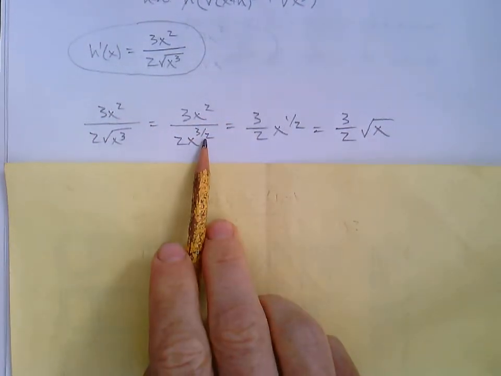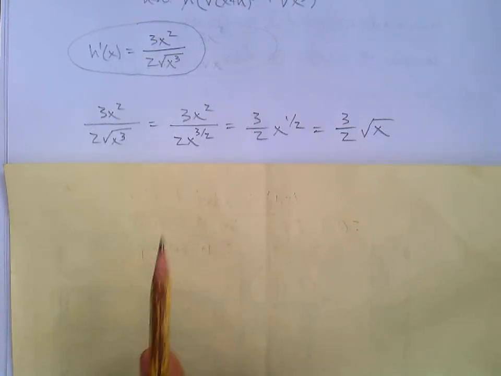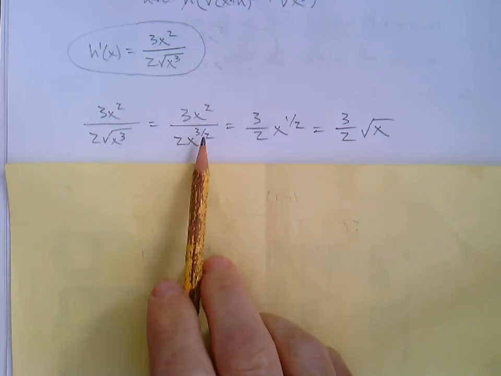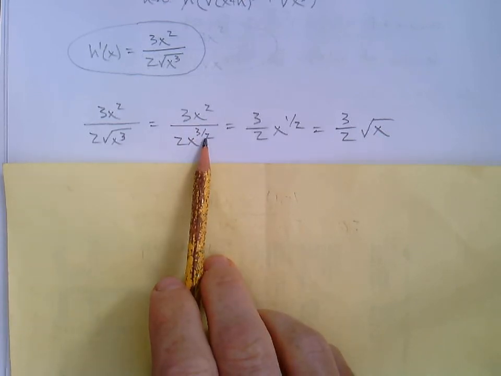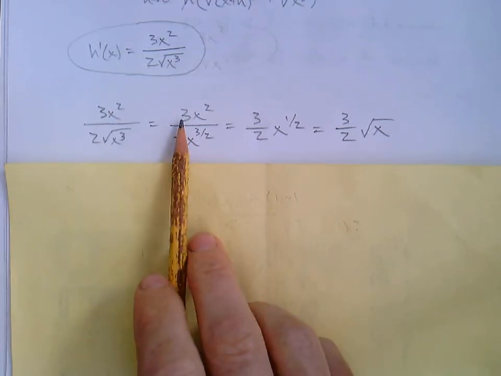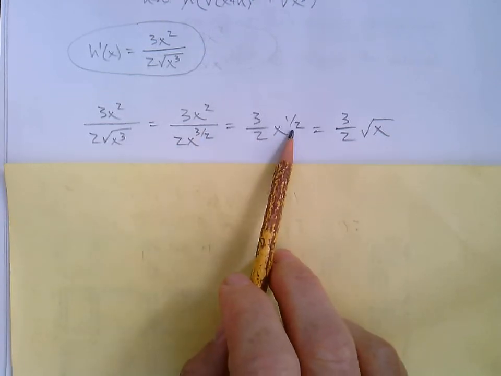If we thought of it just as a fractional power, a rational exponent, we call them. And then we could reduce the x's, right? 2 minus 3 over 2. Now I still have a lot of 3's and 2's going on, so they will make the fraction 3 over 2. When I subtract there, I get 1/2.